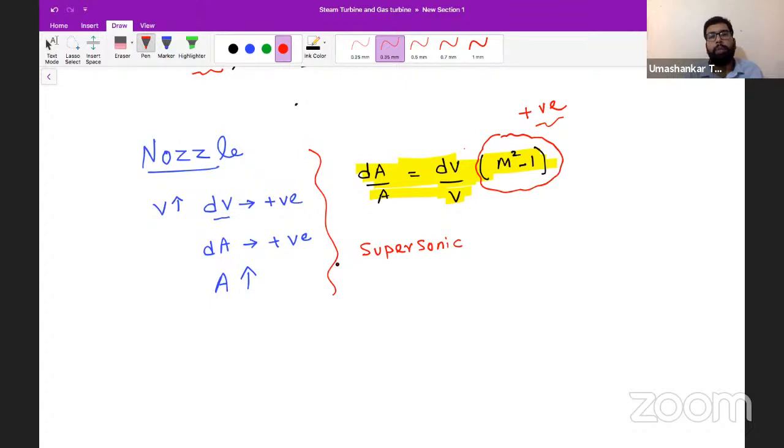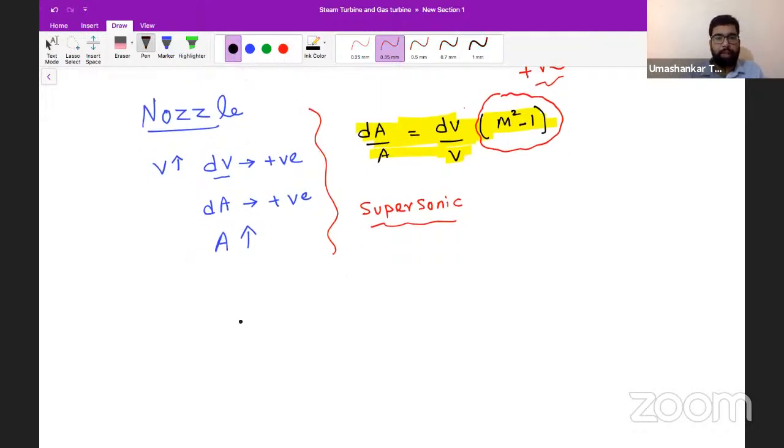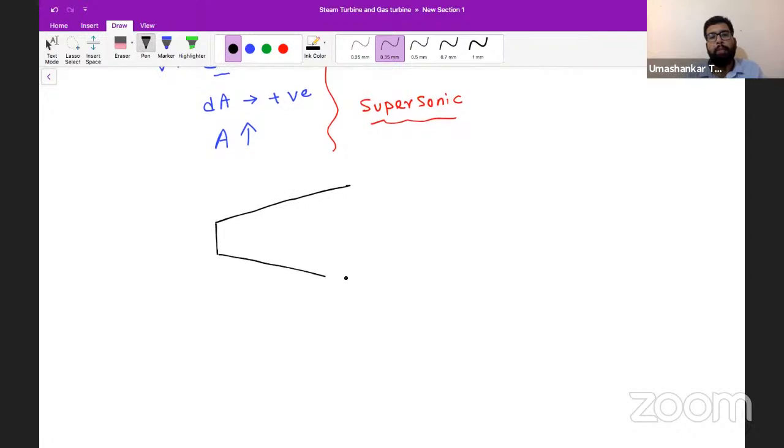These are our observations in supersonic conditions. Okay. So if we are having supersonic flow, in order to increase the velocity from entry to exit, we must make our nozzle like this.